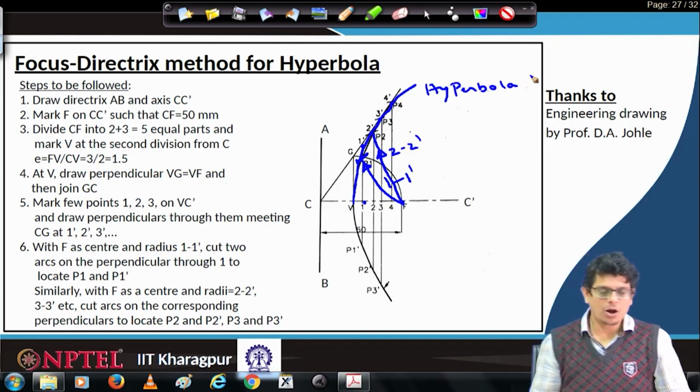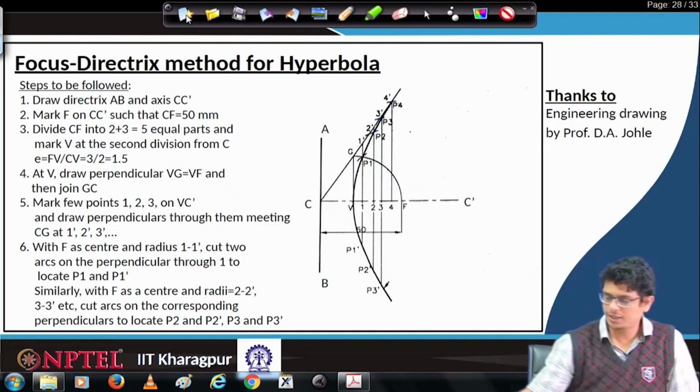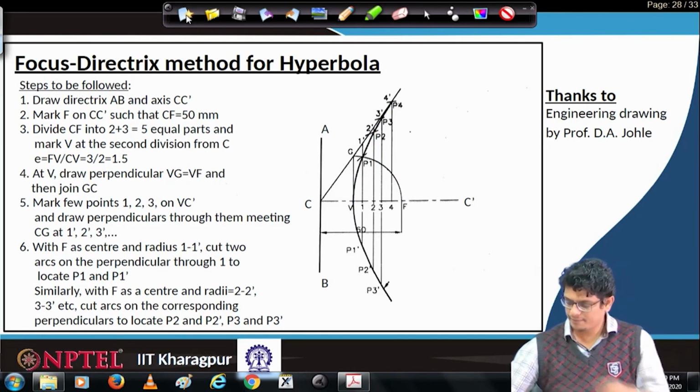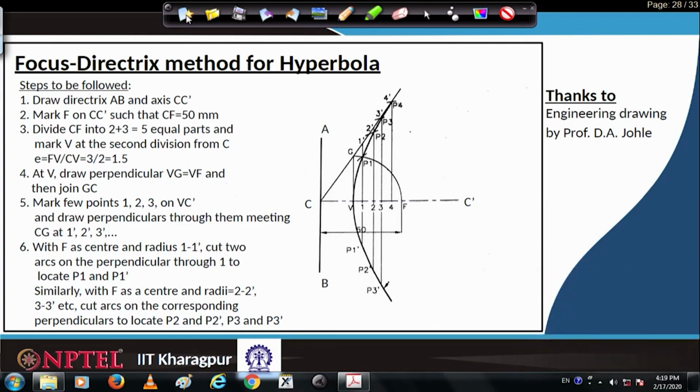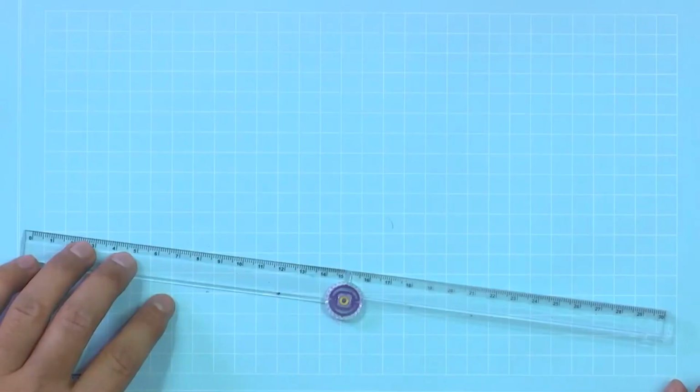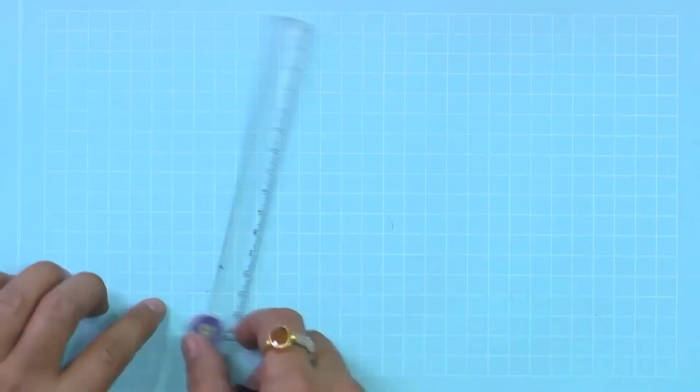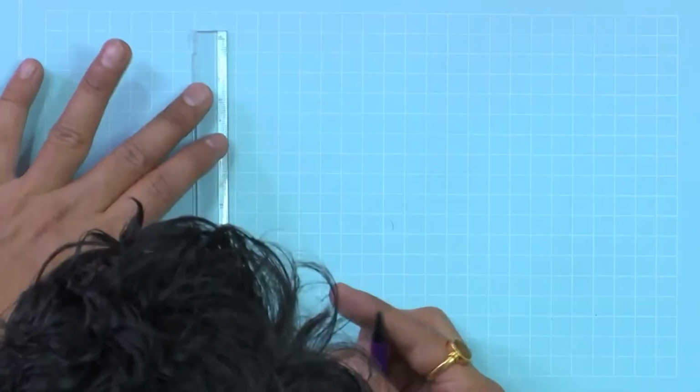Let us do that on our sheet step by step. First, we have to draw the AB line and then CC dash. So, let us construct AB, a directrix.